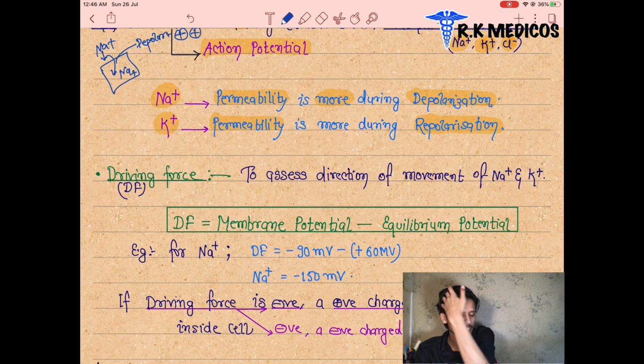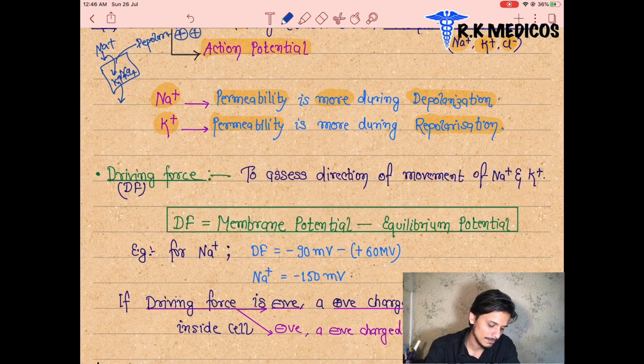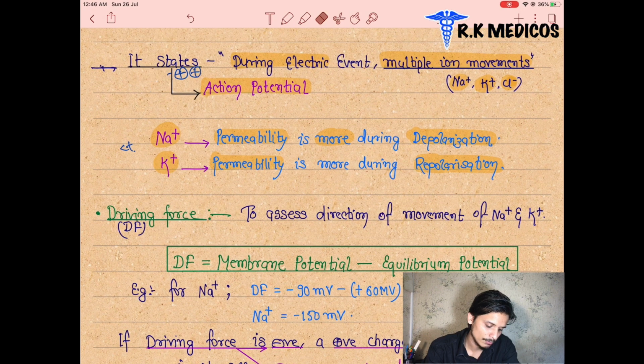Suppose the potassium ion is higher inside the cell and it moves out. It means the cell is going to the repolarization state. So these are the two terms you have to learn: potassium is moving out. They are more permeable for them. We will discuss everything in neurophysiology or muscle physiology. For now, we are going to leave it.